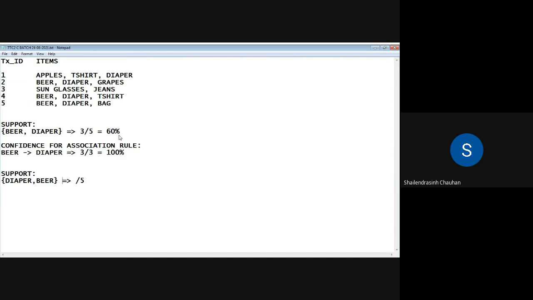Out of 5, in how many transactions do you have diaper and beer both together? 3. Again 3 by 5, 60%. Support and confidence.